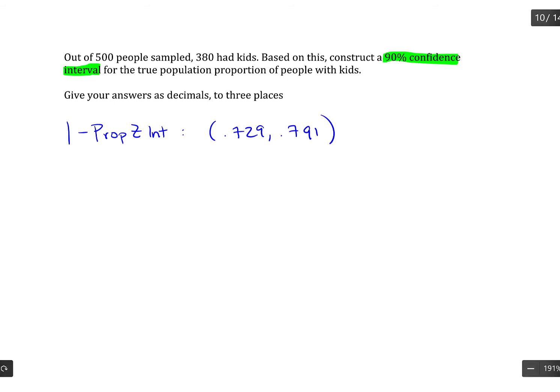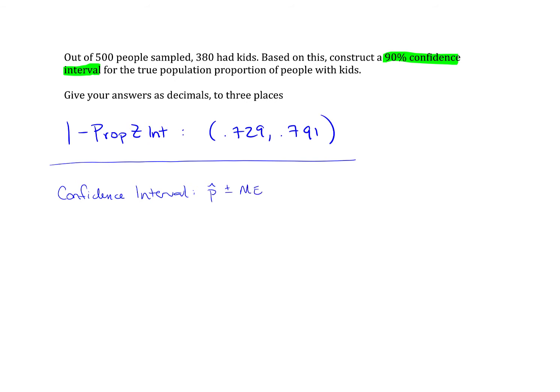If you need to use formulas, let me show you how the formulas work here. To come up with a confidence interval, you take your value p hat plus or minus a margin of error. So really it comes down to just calculating this margin of error, which is a bit difficult to get sometimes.